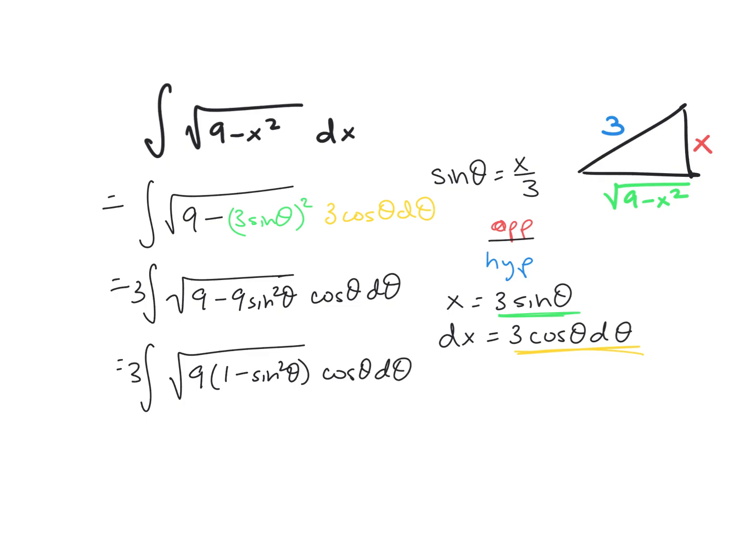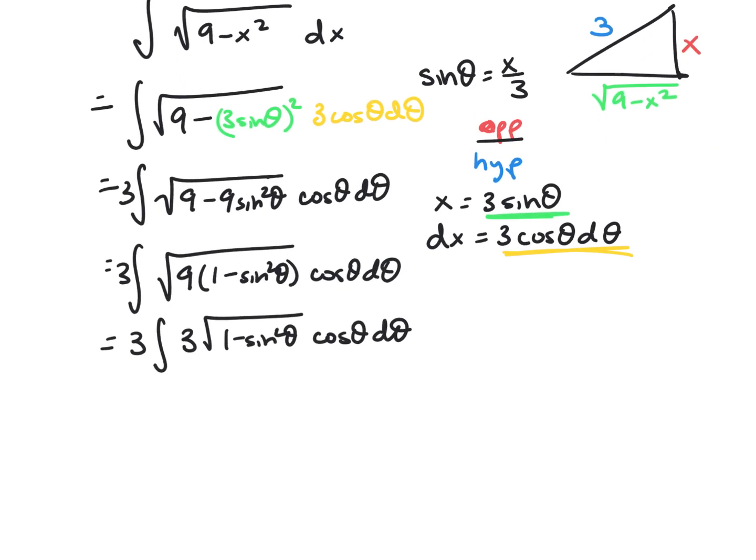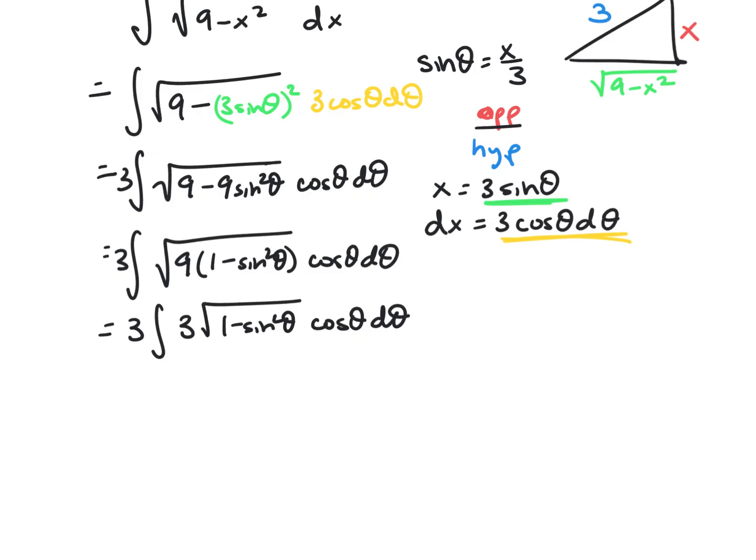Don't forget my 3. And the square root of 9 is 3. So I can actually pull that out as a 3. And have the square root of 1 minus sine squared theta, cosine theta d theta. And then I have one more thing that I want to do. This 1 minus sine squared theta, the Pythagorean identity, the first thing on our little list of trig identities, says sine squared plus cosine squared is 1.